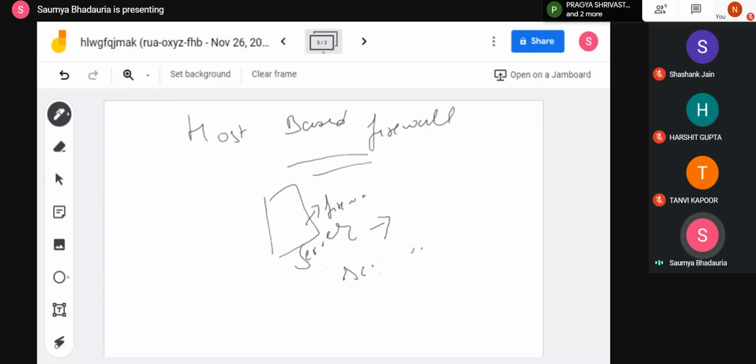The other concept is a distributed firewall.